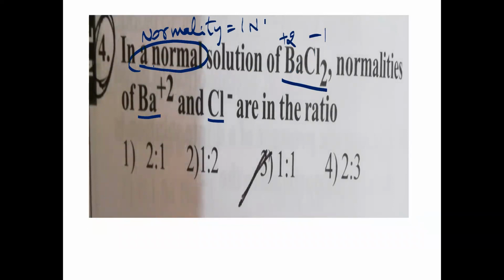So normal solution means 1 gram equivalent per 1 liter. So 1 gram equivalent of BaCl2 is present in 1 liter solution. Now this 1 liter solution holds the Ba plus 2 ions and Cl minus ions. The volume for Ba plus 2 ions will be 1 liter, and the volume for Cl minus is also 1 liter, remember.